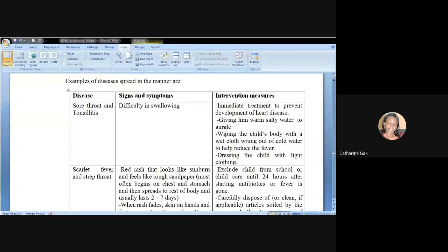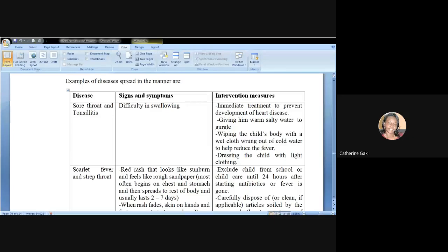Sore throat is when you are inflamed at the back of your throat. There is inflammation, there's redness, and tonsillitis is when your tonsils are affected.